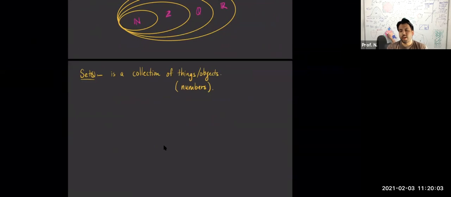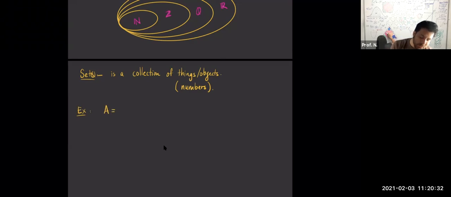And there's a very systematic way of expressing what we can do with sets. So for example, I'm going to give you an example first and then we'll talk about it. I can say A is a set. How do I denote sets?